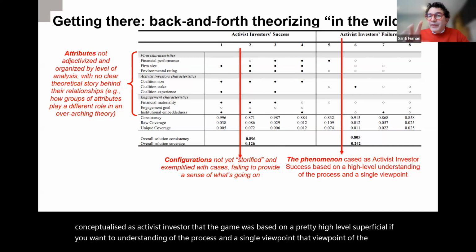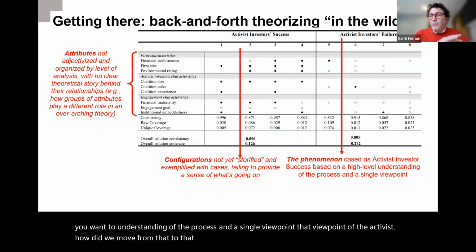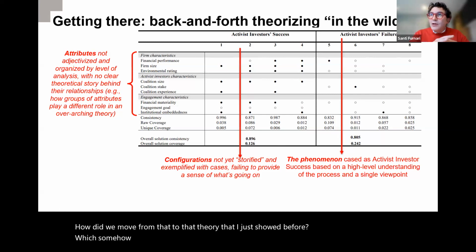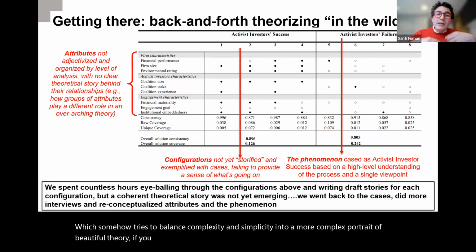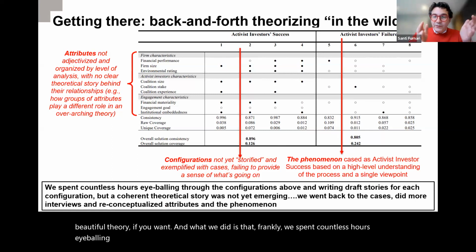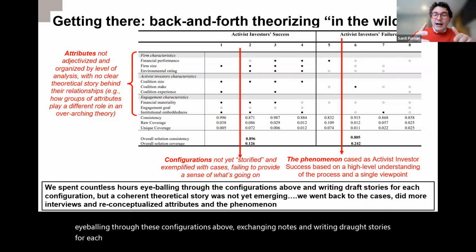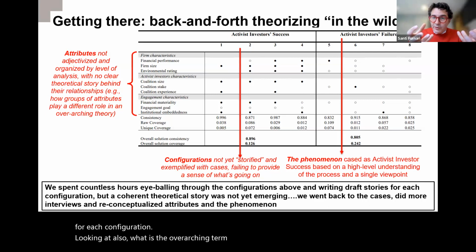How did we move from that to the theory that I just showed before, which tries to balance complexity and simplicity into a more complex portrait of a beautiful theory, if you want? What we did is that, frankly, we spent countless hours eyeballing these configurations above, exchanging notes and writing draft stories for each configuration, looking also at the overarching theoretical story that was emerging, which was eventually the tailored to target story.